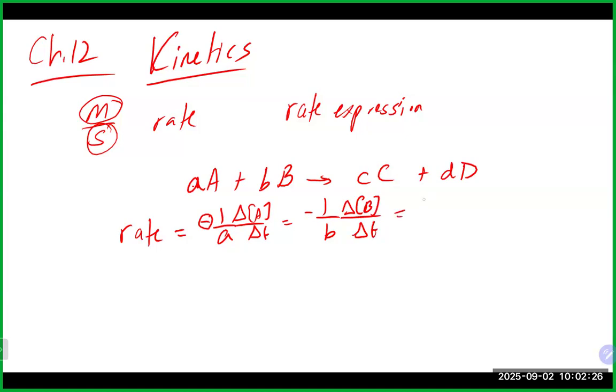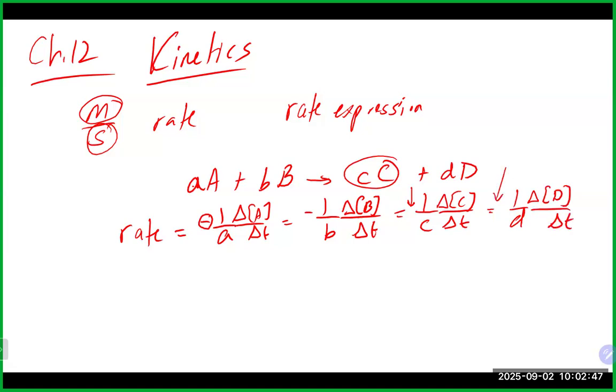That equals, when we get to our product side, 1 over our coefficient there, C, change in the concentration of C over the change in time. In this case, we do not have a negative as it is a product and it should be increasing with time. And lastly here, we could do 1 over D, change in concentration of D over the change in time. Once again, product, so no negative there.